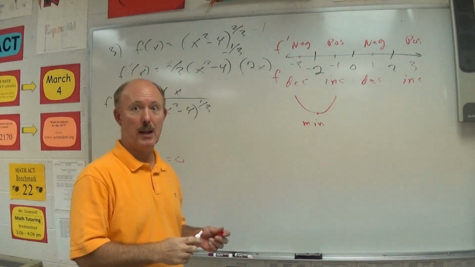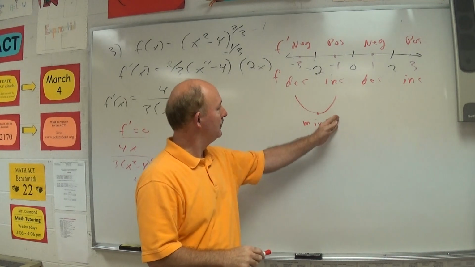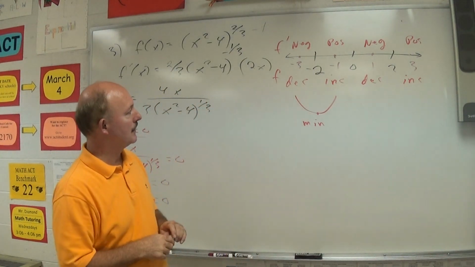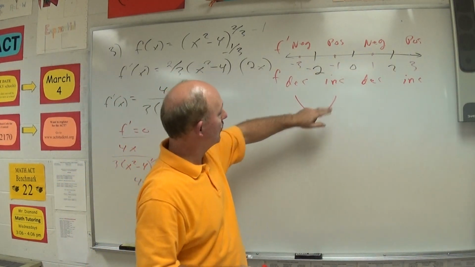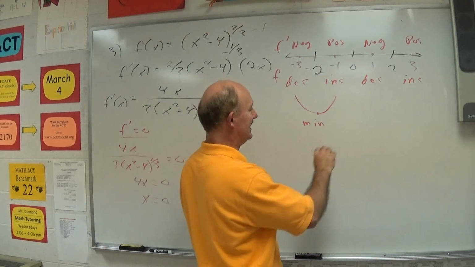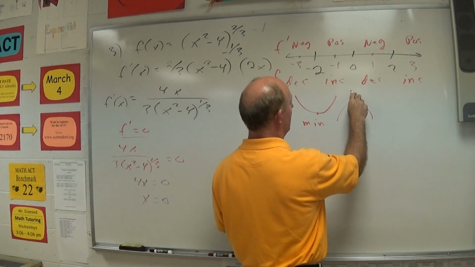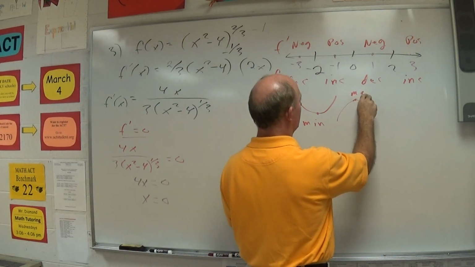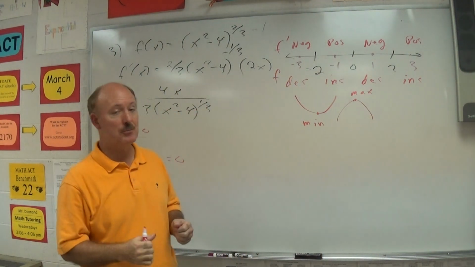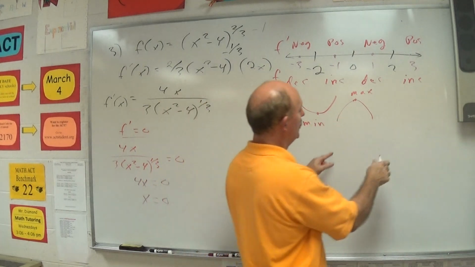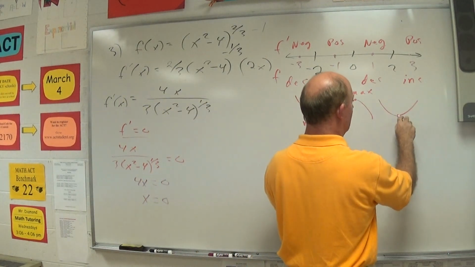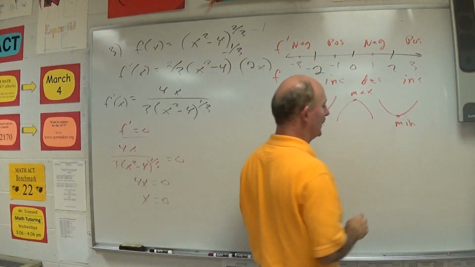So I'm going blind, I think. I'm glad I caught it. Now at 0, the graph is increasing and then decreasing. So this would indicate a relative maximum value, a maximum at x equals 0. And at 2, the graph is decreasing and then starts to increase again. So another relative minimum.